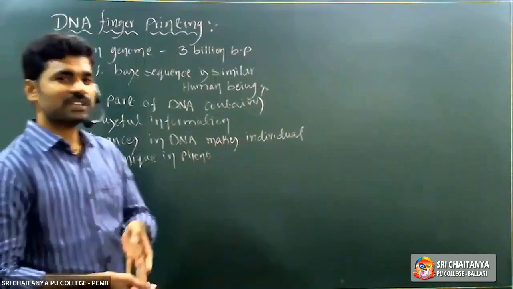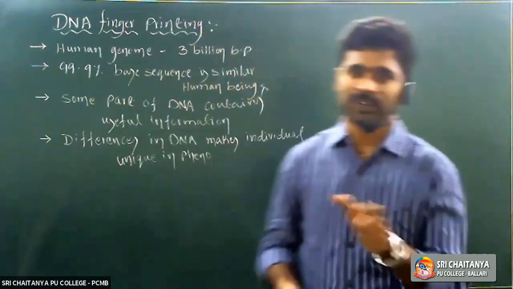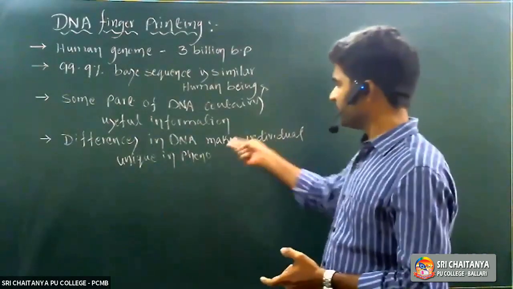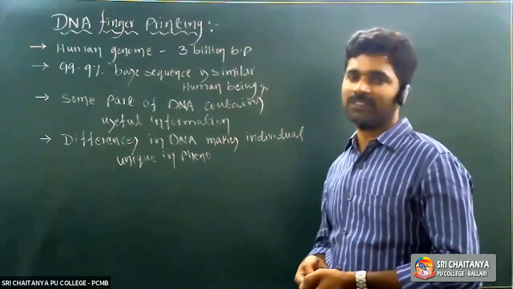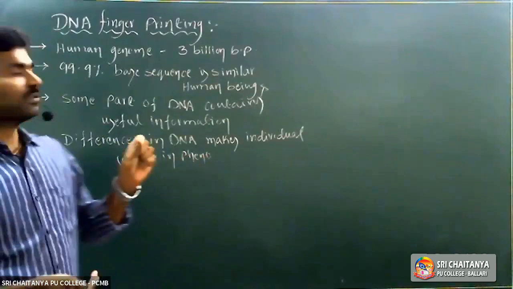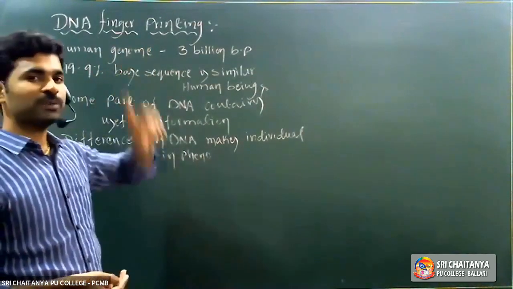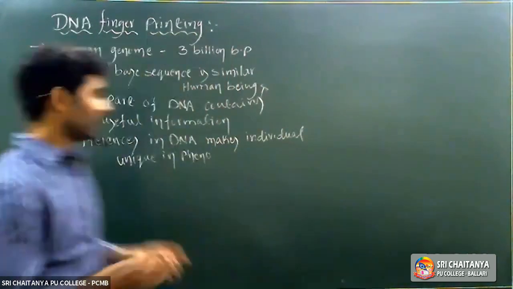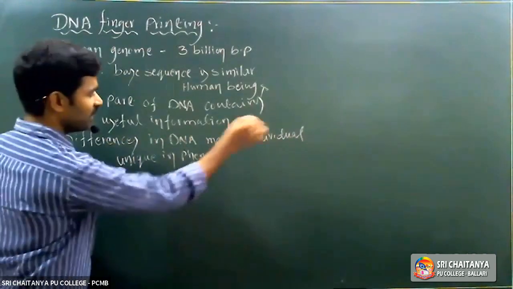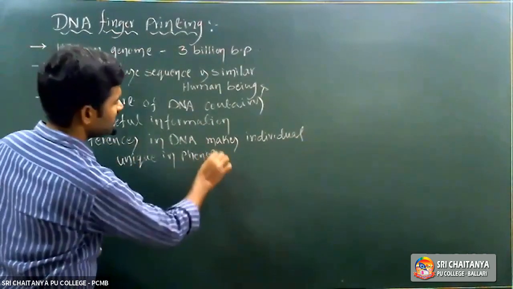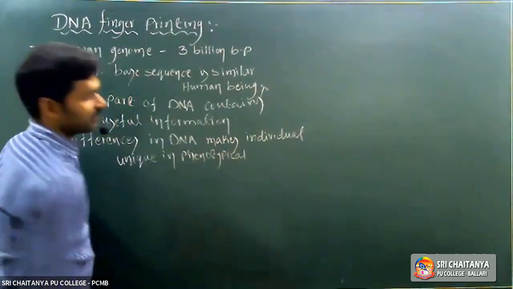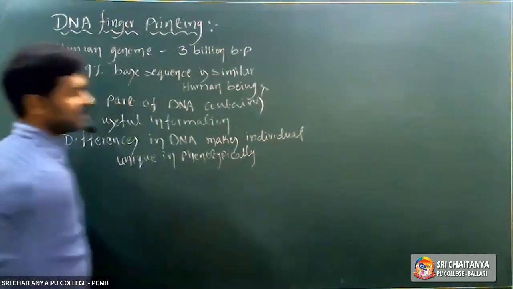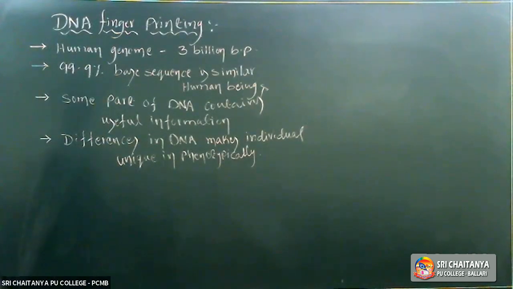Phenotypical appearance means external appearance. So the nitrogen base differences present in the genetic material make an individual unique in phenotypical appearance. It means whenever the nitrogen base sequence leads to a change in genetic material, some phenotypical or external characters automatically change in human beings.